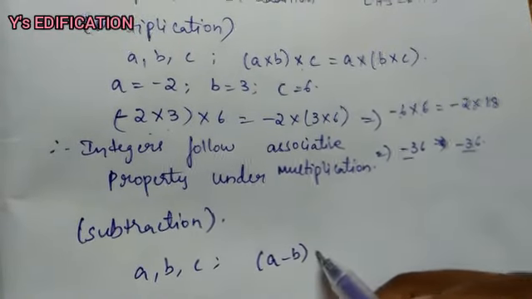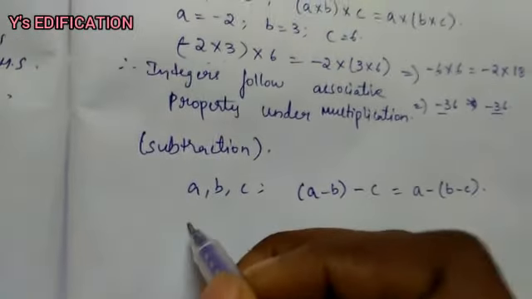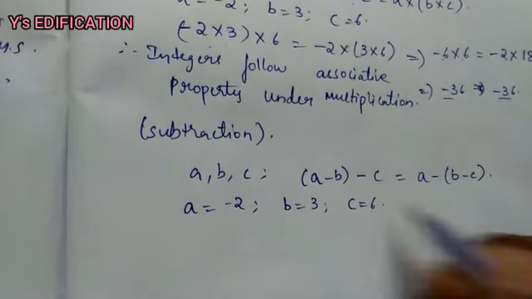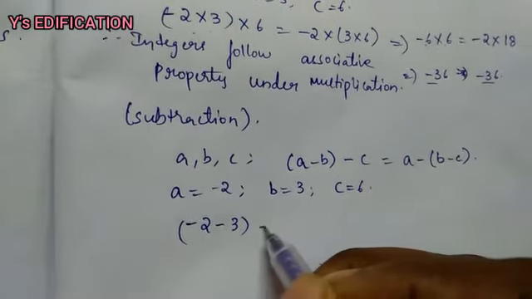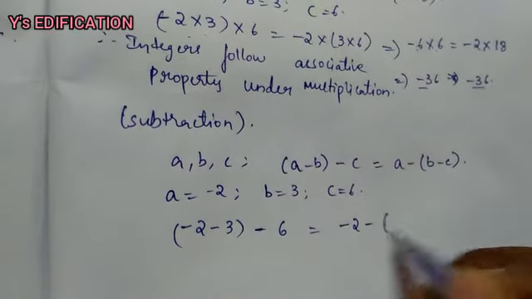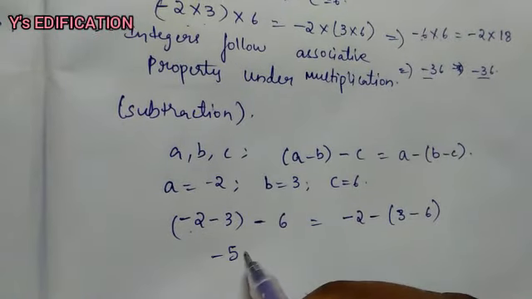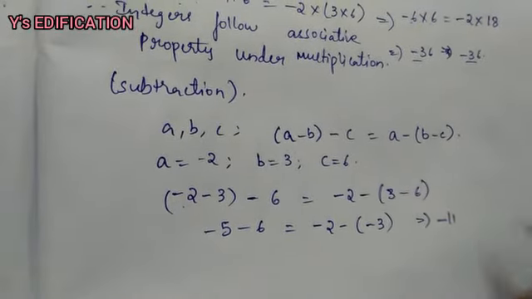(a minus b) minus c is equal to a minus (b minus c). Okay, let us do this. A is equal to minus 2, b is equal to 3, c is equal to 6. So (minus 2 minus 3) minus 6 is equal to minus 2 minus (3 minus 6). Minus 2 minus 3 is minus 5, minus 6 is minus 11.